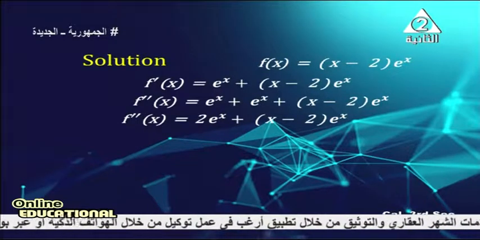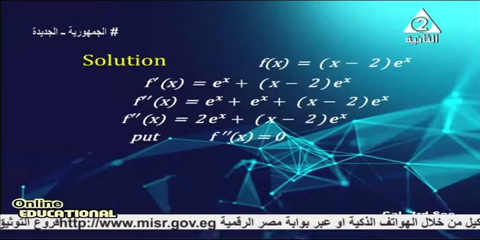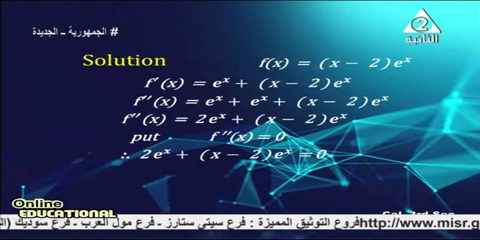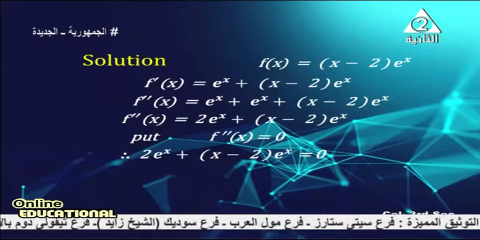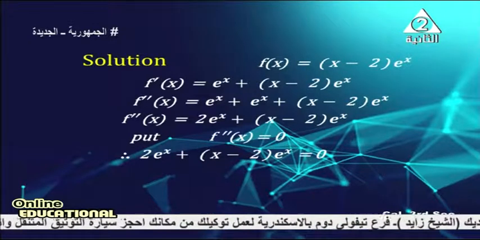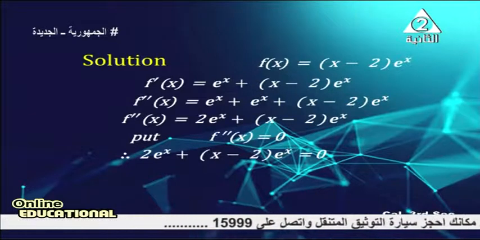Now put f''(x) equal 0. Then 2e^x + (x - 2) multiplied by e^x equals 0. We can take e^x as a common factor.